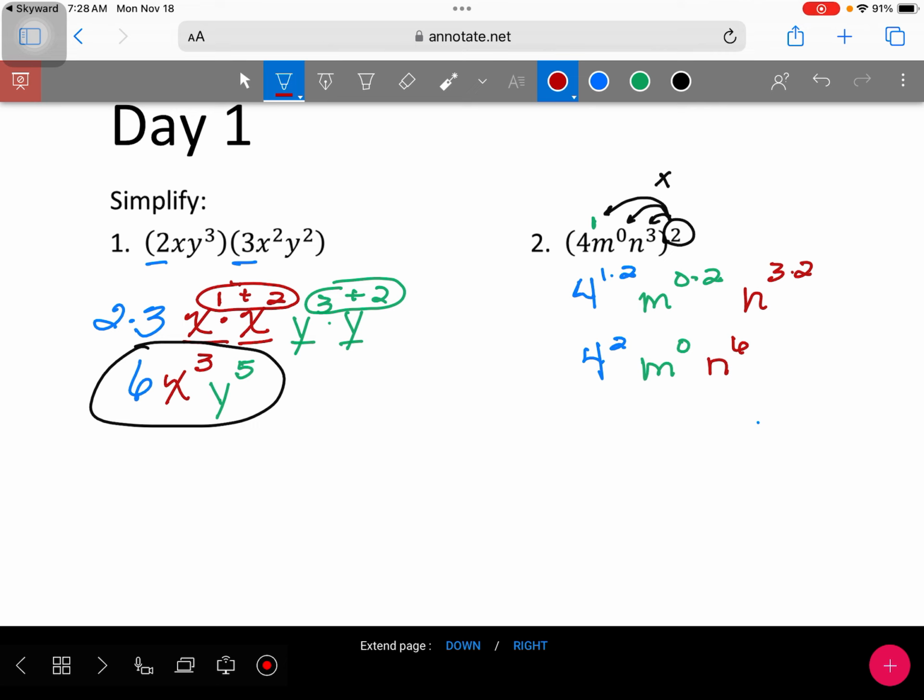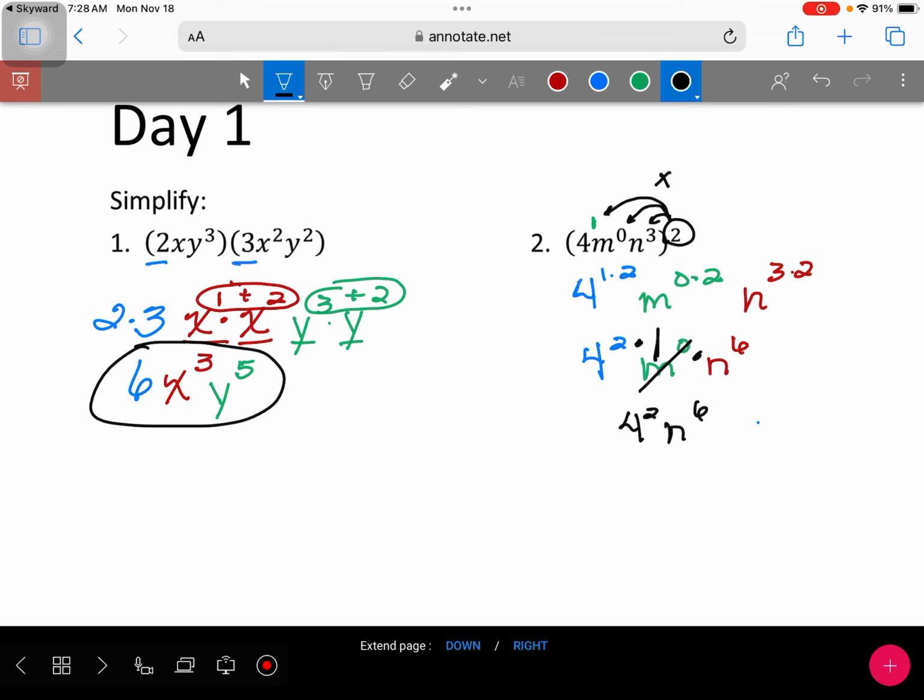And it's not the 0 that becomes the 1, it's the whole power. So m to the 0, that whole thing becomes a 1. All right? So that's just multiplying by 1, so it really doesn't change anything. 4 squared, n to the 6th power.